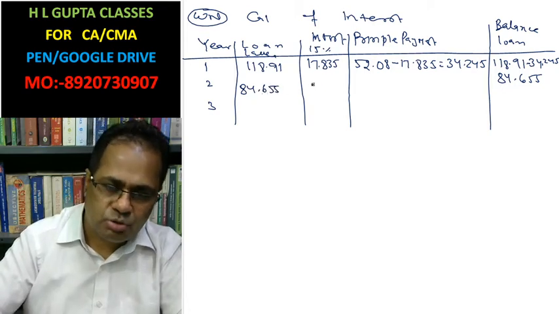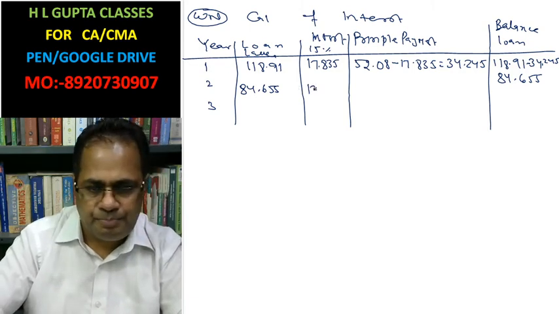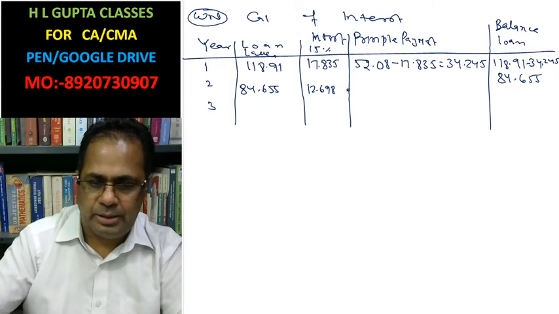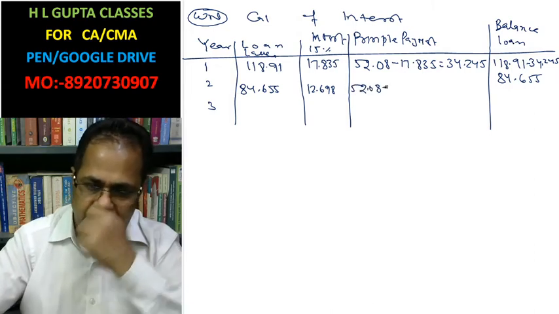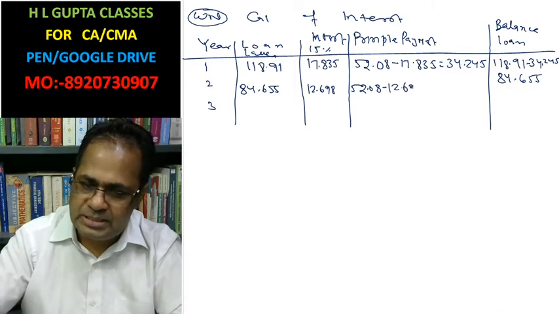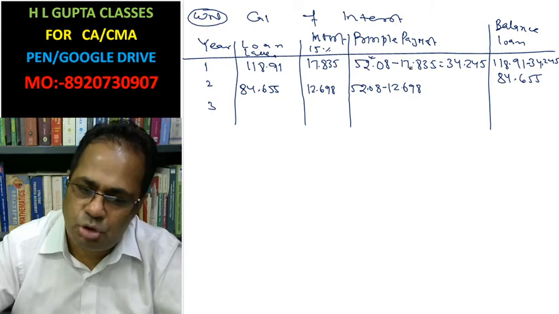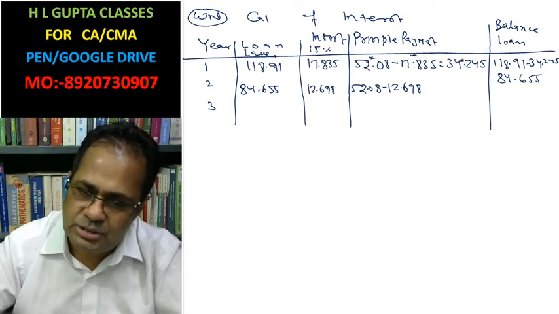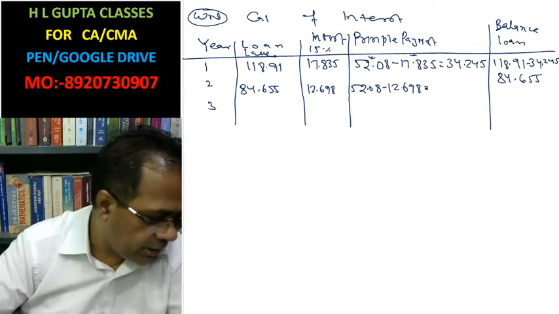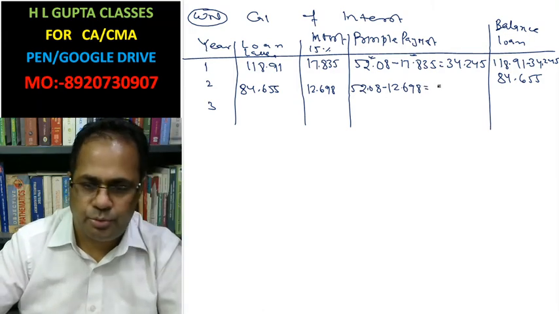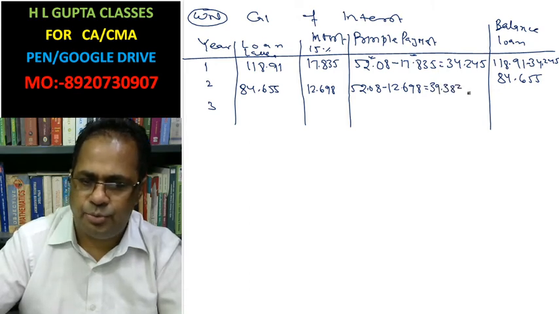Interest on 84.655 at 15% is 12.698. Then 52.08 minus 12.698, because we are going to pay the installment. Out of this installment, this is the interest and this is the principal payment, which is 39.382.